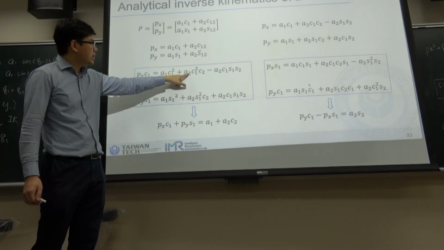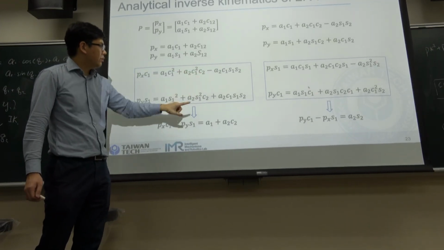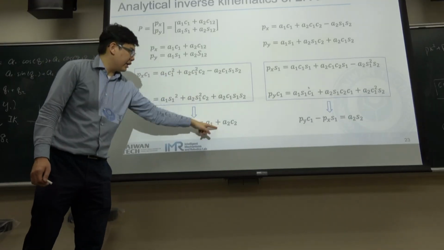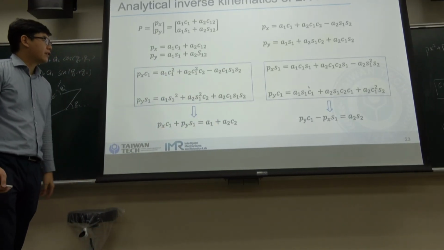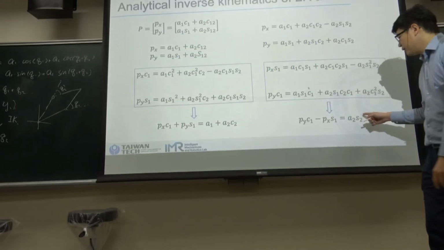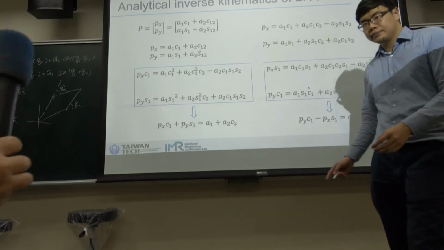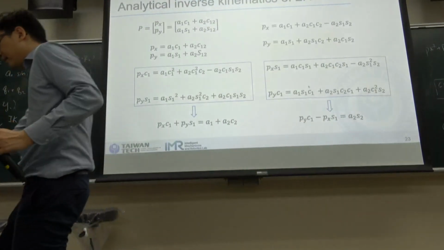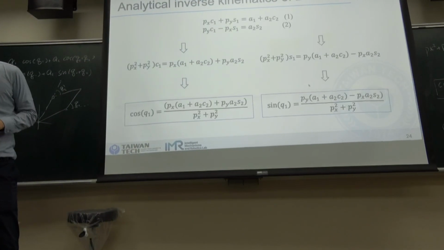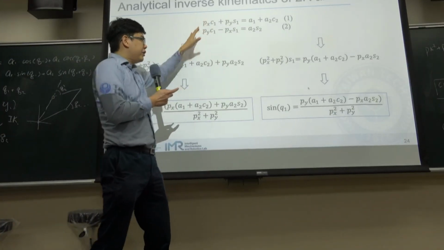And here we can see is a2 cosine q2. So we can get this solution. And if we subtract, then we can get a2 sine q2. So we derive these two equations over here.